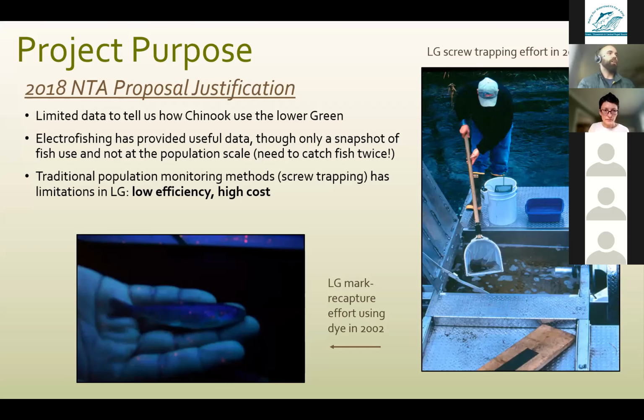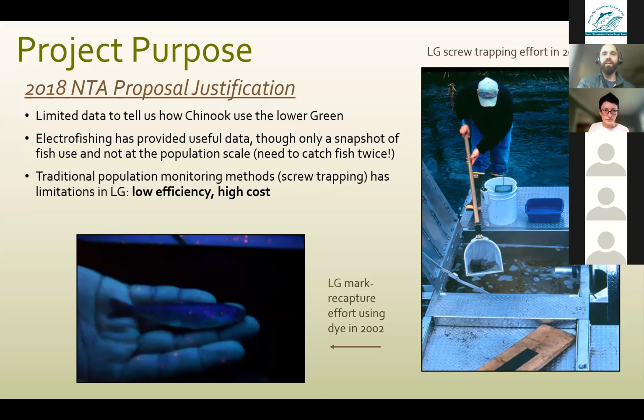So this was actually a near-term action submitted on behalf of Ryan 9 in 2018 to Puget Sound Partnership. The whole purpose of this study and the whole reason why we submitted it as an NTA is because the lower Green has really been a gray area for us, and it's been that way for a long time.